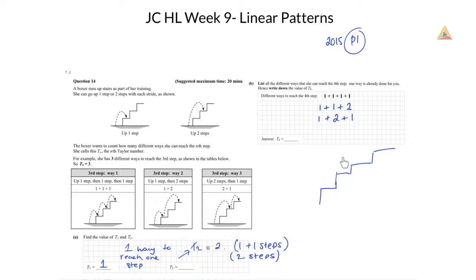So 2 plus 1 plus 1. And there's one more way she could do it, and that would be to jump 2 steps at a time. So 2 plus 2. So if we look closely here, we have 1, 2, 3, 4, 5. We actually have 5 ways to get to the 4th step. So that's the answer to that.